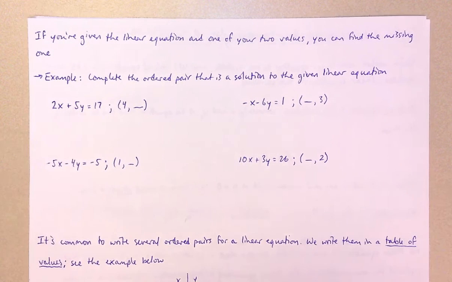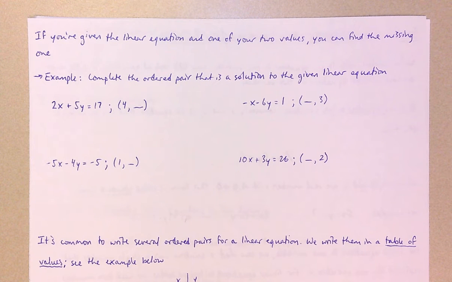Now, we can find a missing component to an ordered pair that would make our linear equation true. If you're given the linear equation and you know one of the 2 values, then you can find the missing value.